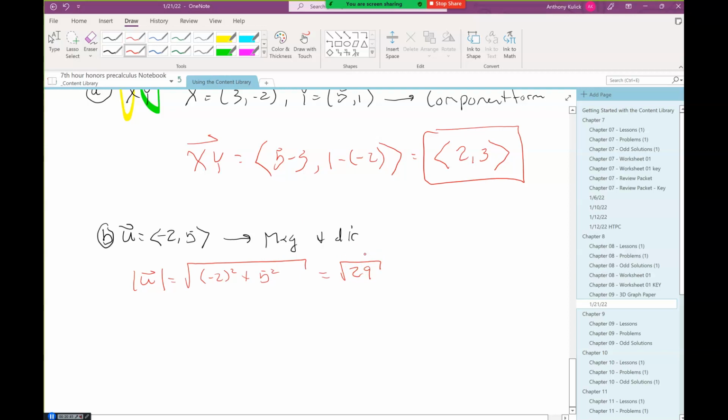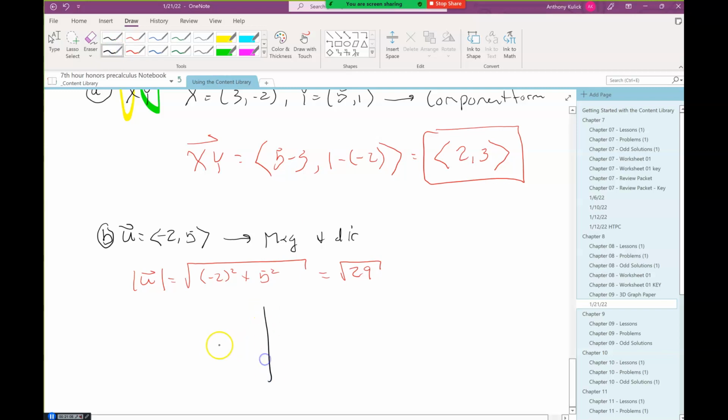Negative 2 squared plus 5 squared, all square rooted. That gives me the square root of 29. Now, if that was a radical that I could reduce, I'd probably reduce it here. Or depending on the context of the question, even convert that into a decimal and round to like 2 decimal places or something. Would depend on the directions. For right now, I'm just going to leave it as the square root of 29 for this example. Everybody's cool?